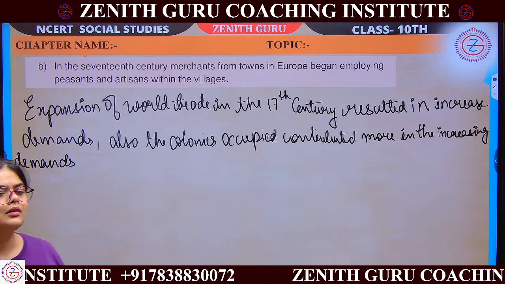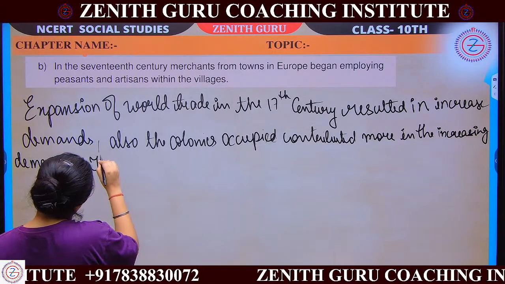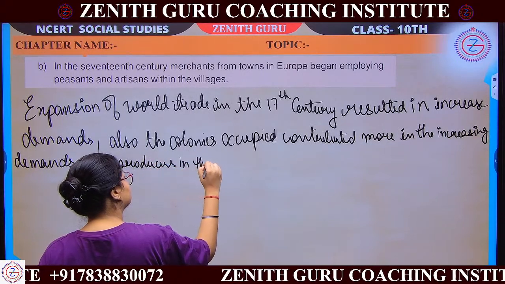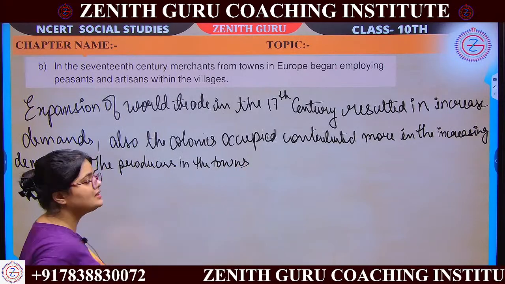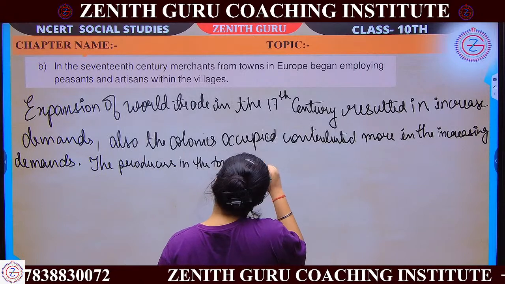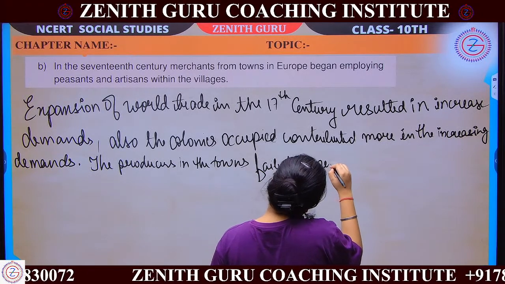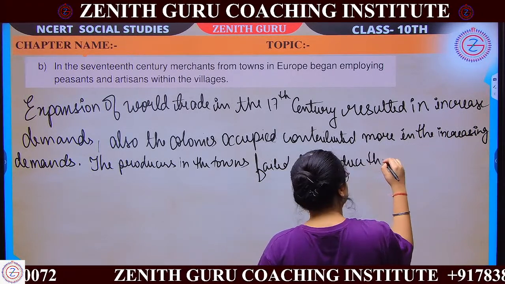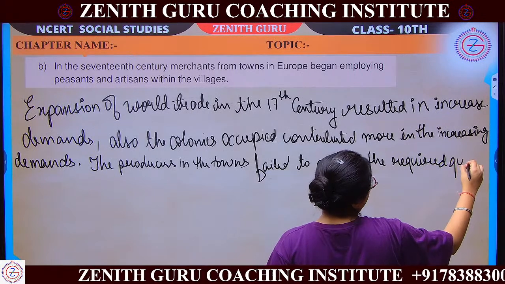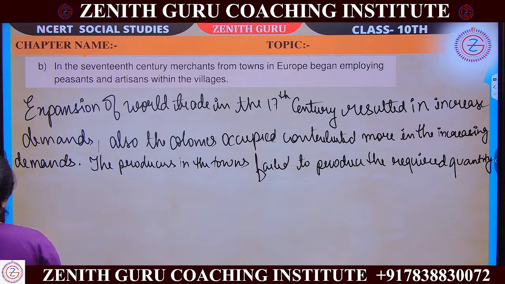The colonies contributed more in the increasing demands. The producers in the towns failed to produce the required quantity of demand.